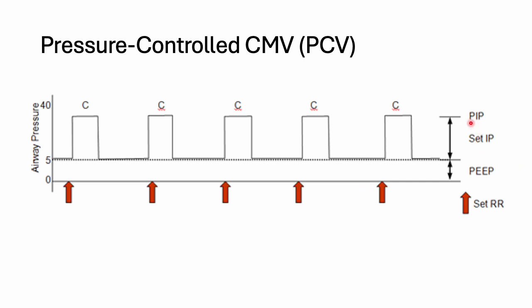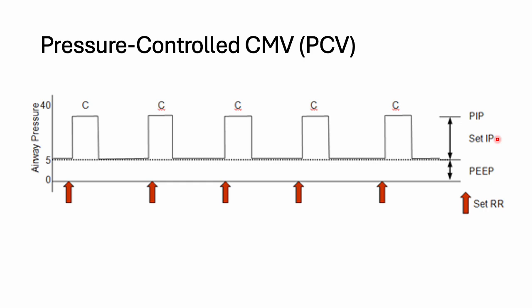Yeah? Okay, so then you already know the baseline. Okay, almost every patient is arbitrarily receiving positive 5 of PEEP. Okay, then the highest pressure recorded at the end of inhalation, that is the PIP, the peak pressure. And the difference between the PIP and the PEEP is actually the inspiratory pressure. And in this case, it is set. It is a set inspiratory pressure, as mentioned in the slide before.